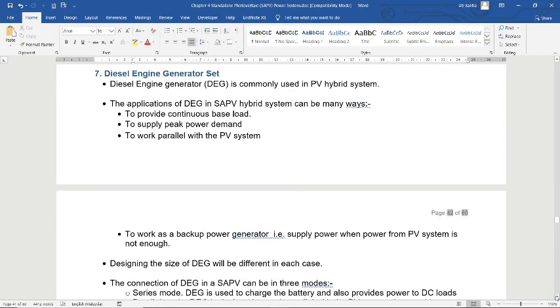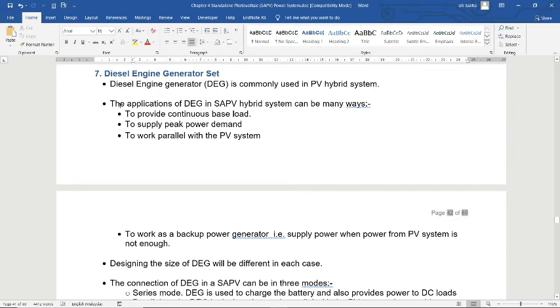The last one is if the system is a hybrid system, so we need a genset, a diesel engine generator set. The diesel engine generator DEG is commonly used in a PV hybrid system. The application of DEG in a SAPV hybrid system can be in many ways.